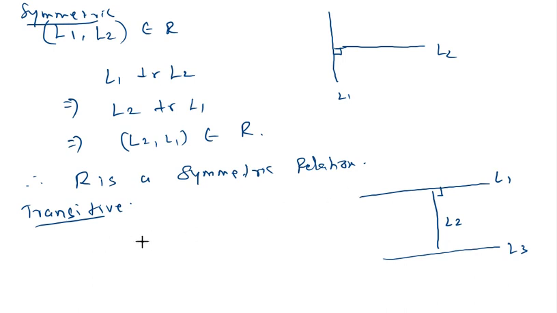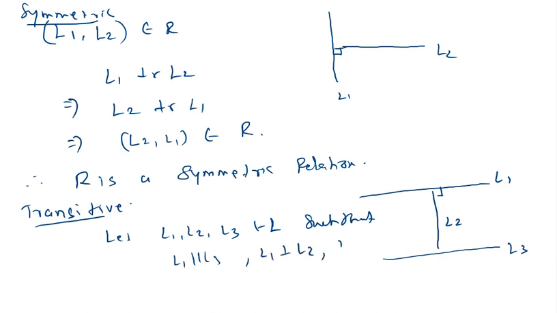So let L1, L2, L3 belong to L such that L1 is parallel to L3, L1 is perpendicular to L2 and L2 is perpendicular to L3.